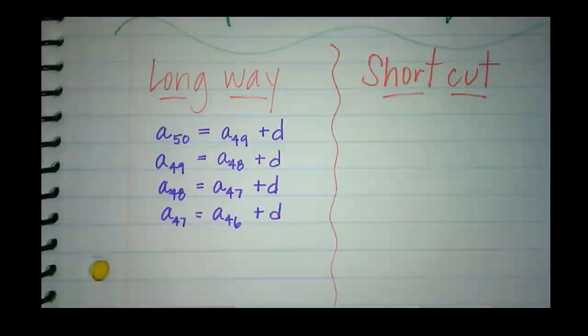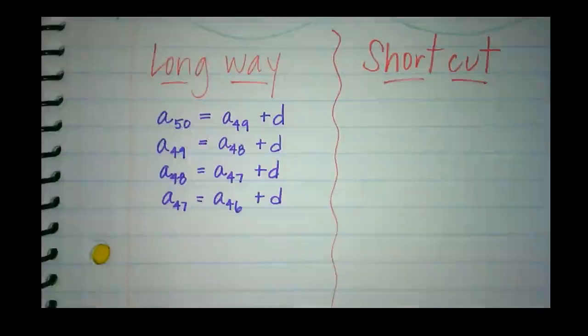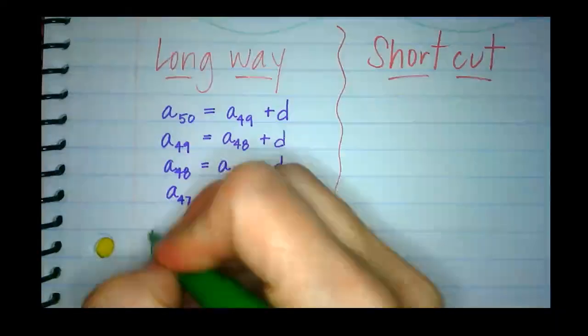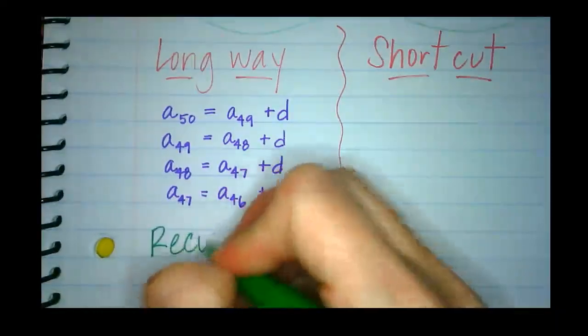And that absolutely works. When we were in class and you had to find the 42nd term, we had a group that counted all the way out to the 42nd term without looking for a shortcut immediately. And it worked. It absolutely works. The problem is this is the long way. So the name of this formula is recursive.